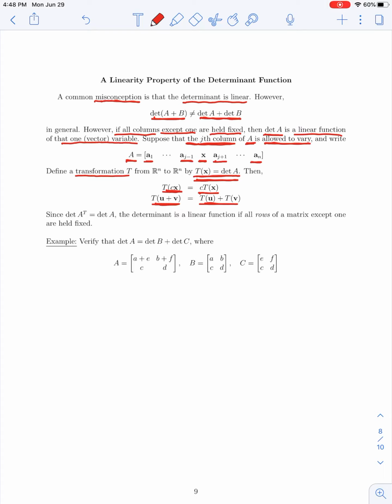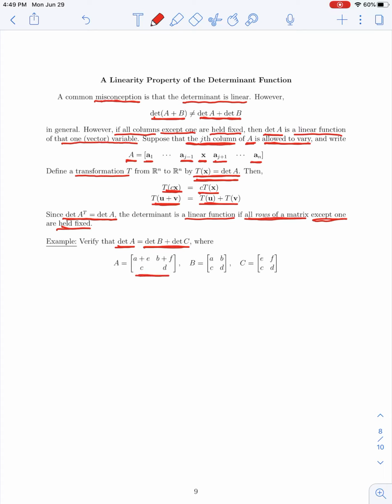And again here, as I mentioned earlier, since the determinant of A transpose is equal to the determinant of A, the determinant is a linear function if all of the rows of a matrix, except one, are held as fixed values. So in our last example here, we are asked to verify that the determinant of A is equal to the sum of the determinants of B and C, where A, B, and C are the indicated matrices.